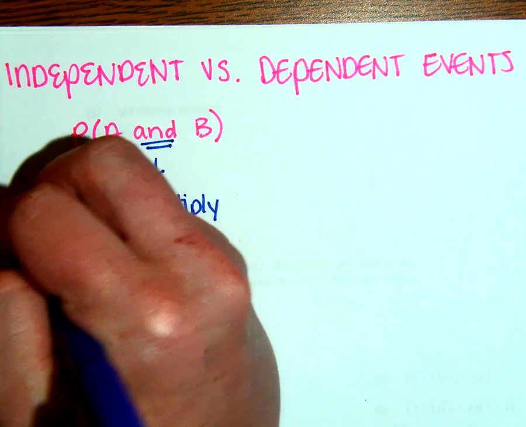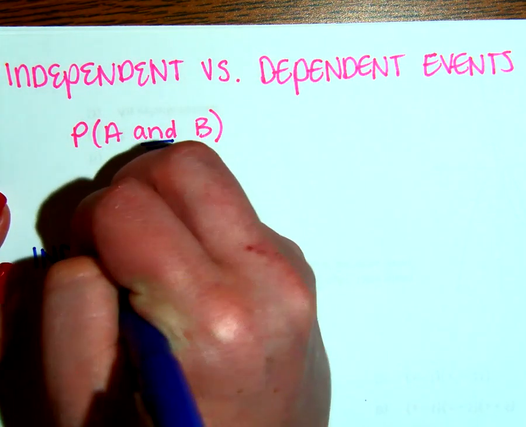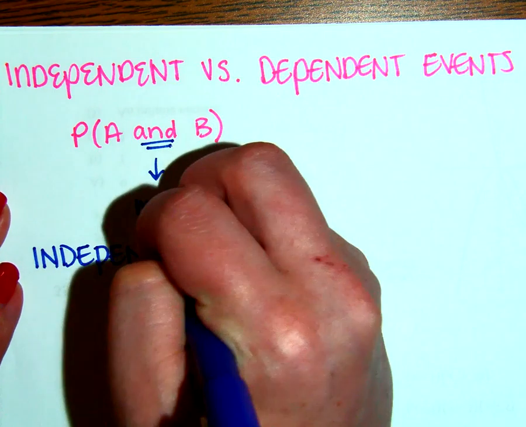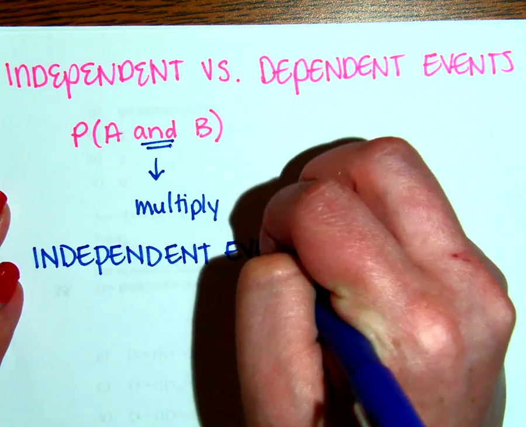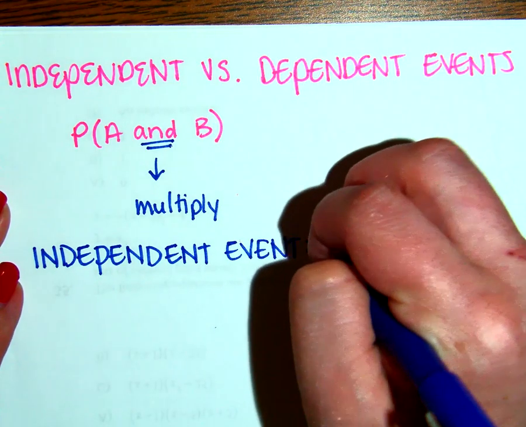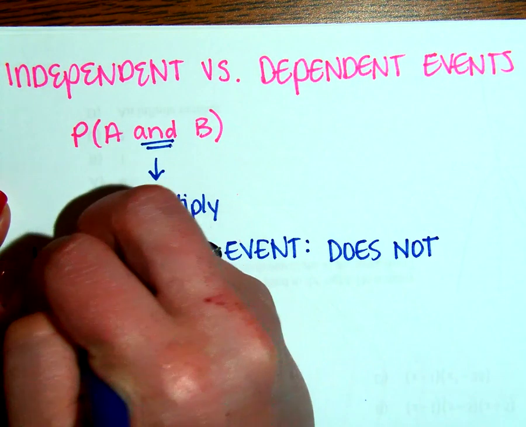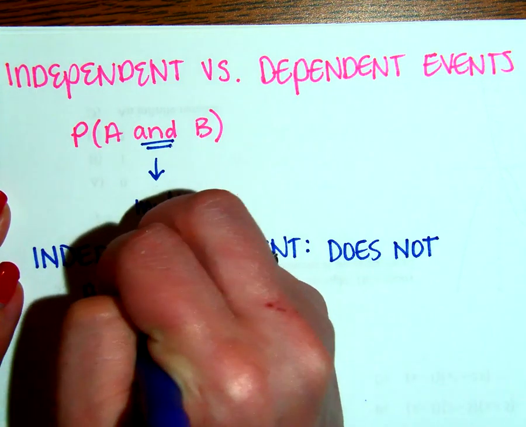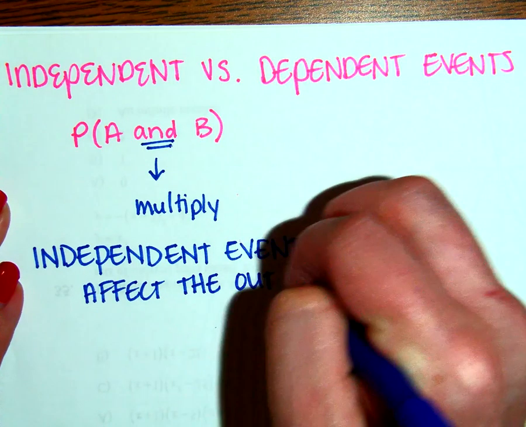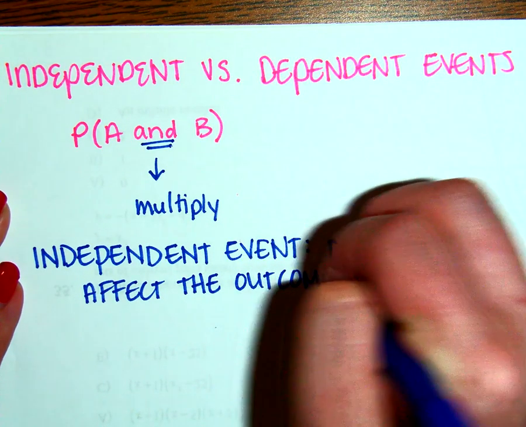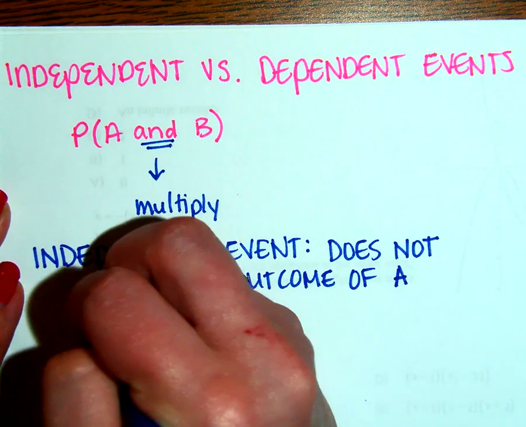So, first things first, an independent event. We talk about this. This shows up in science. This shows up anytime we do an experiment. When we have an independent variable or an independent event, independent means that it does not affect the outcome of a following event.